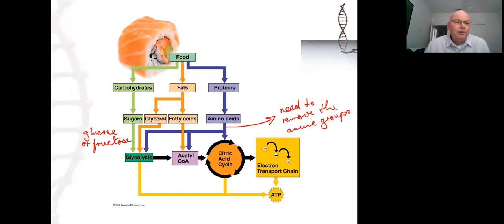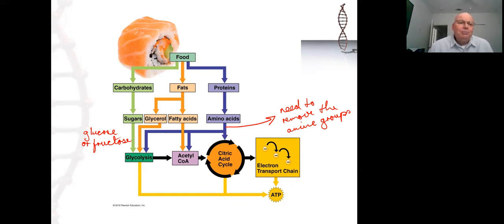So those amine groups are removed in the liver primarily, and then the remainder, what's left over after the amine groups are removed, enters mostly into the citric acid cycle, but some of the amino acids also give acetyl groups and simple sugars that can enter into glycolysis. Primarily 3-carbon sugars that can then process to pyruvate and pass through that way.